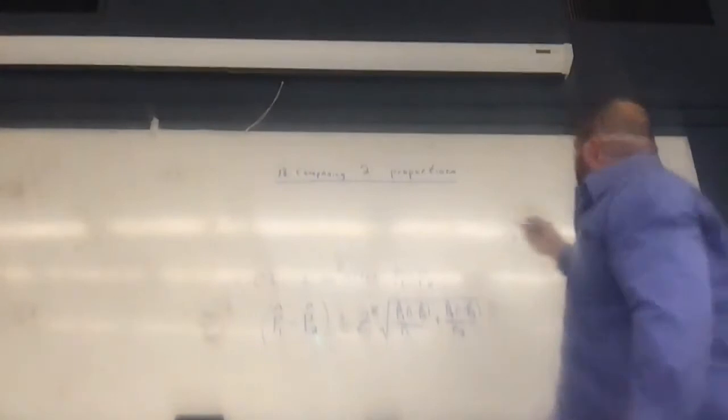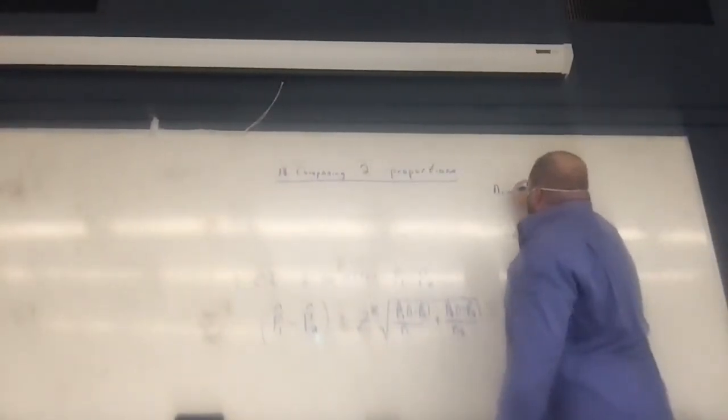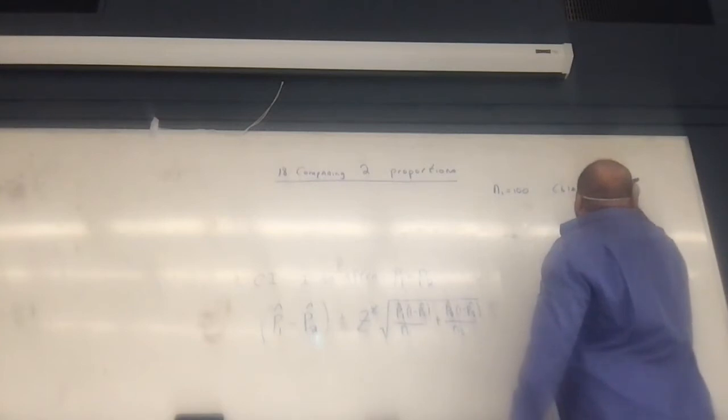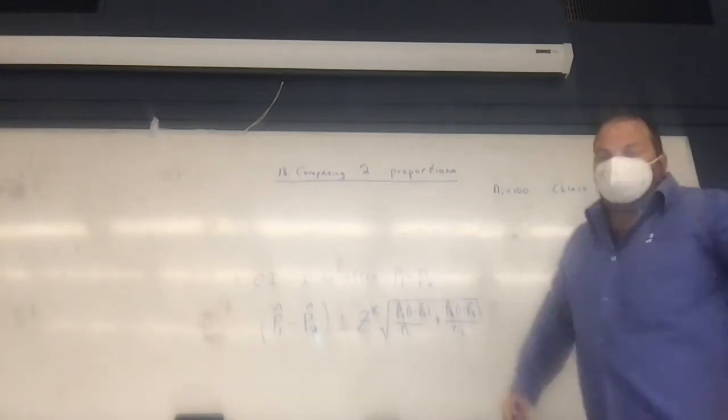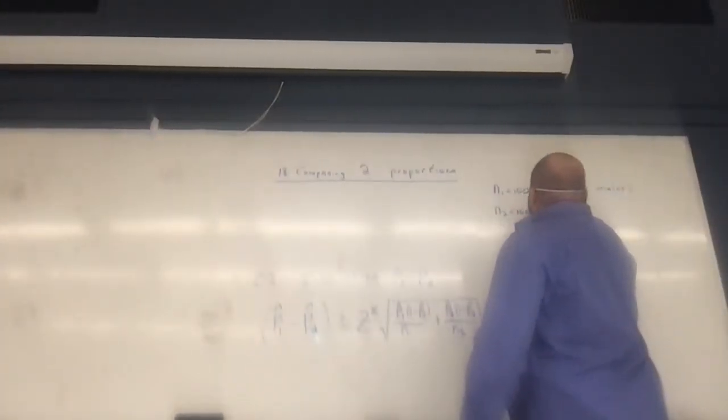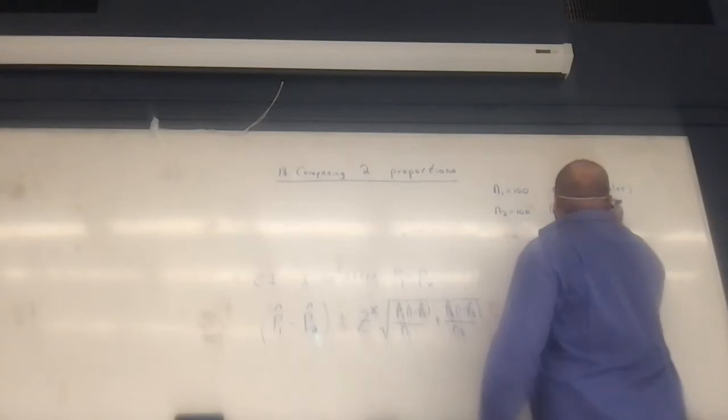Stop, what do I know? N1 equals 100, 100 Black males. And a random sample of 100 Black females. What do I know? N2 is 100, Black females.